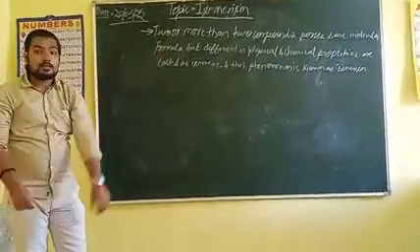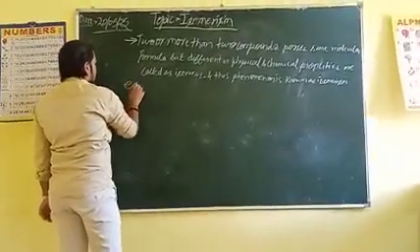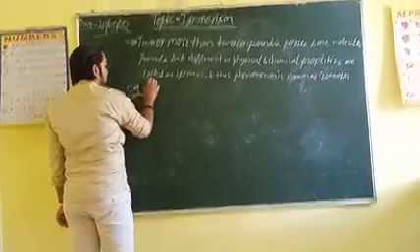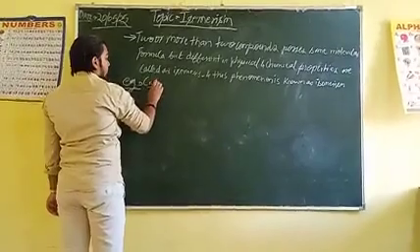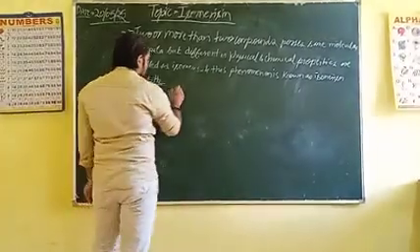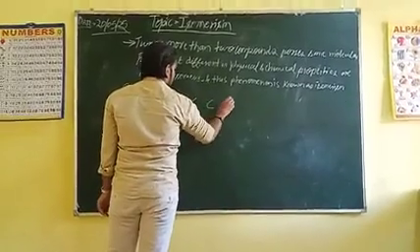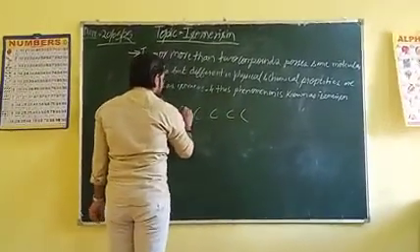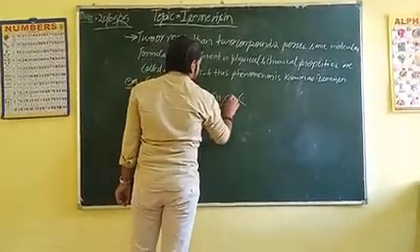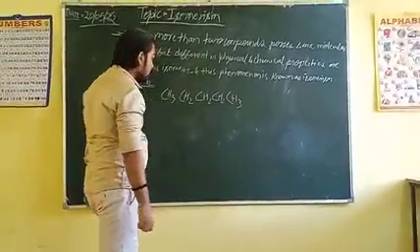So let's discuss an example. For example, we take C5H12, pentane. Now we have to make 5 carbons: CH3, CH2, CH2, CH2, CH3. That is pentane.